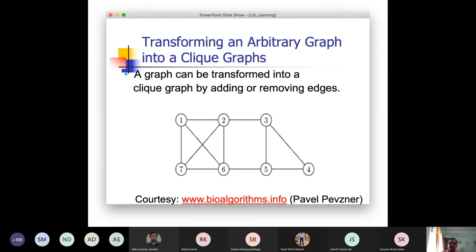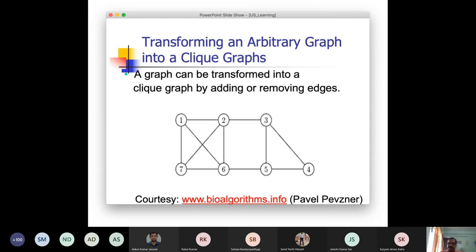So what are the operations while transforming? The operation is that you can add any edge which is not there. That means if there are two points which are not connected by an edge, you can add an edge, or you can delete an edge which is there. So every operation means how many additions and how many deletions you need to convert it to a clique graph, right?